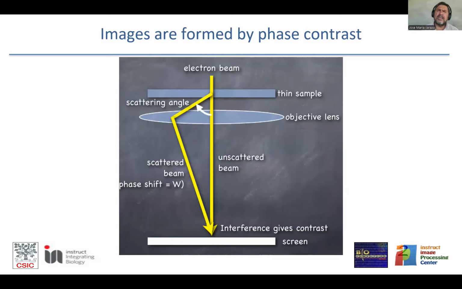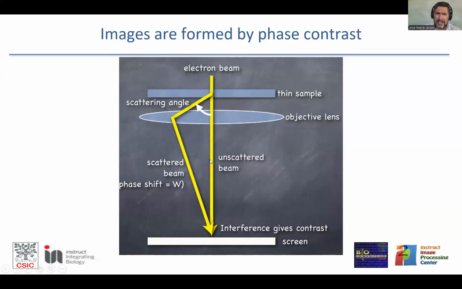How are the images formed? Well, also simple optics. We have an electron beam. Part of the beam doesn't even feel that there is a specimen here. It goes through the specimen and is scattered. Part of the beam is scattered, it forms an angle, then the optical path is, there is an objective lens here to make this electron be focused here.